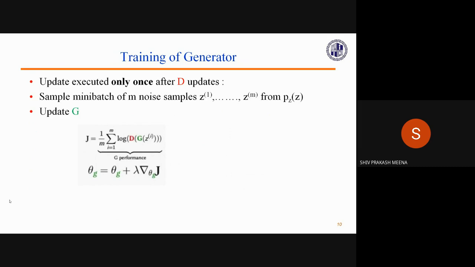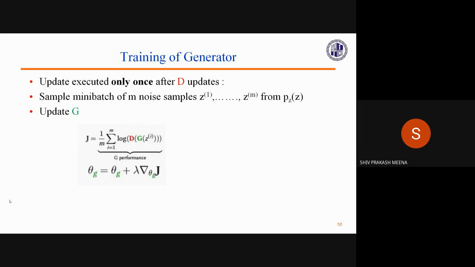The weight of the generator is updated the same way as the discriminator. Here our weight is theta G, and in the discriminator it is theta D.